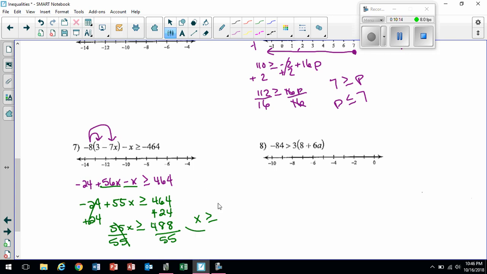write down your answer. Make sure you go through and check to make sure this was done correctly. Also do the same thing here. Before you can solve this equation, you have to distribute your 3. Your 3 needs to be multiplied to the 8. And then your 3 needs to be multiplied times the 6a. All right?